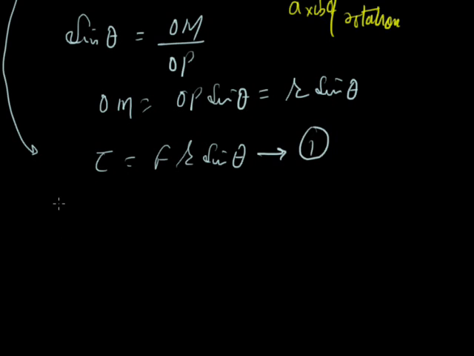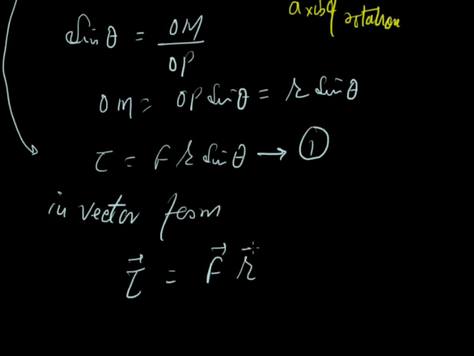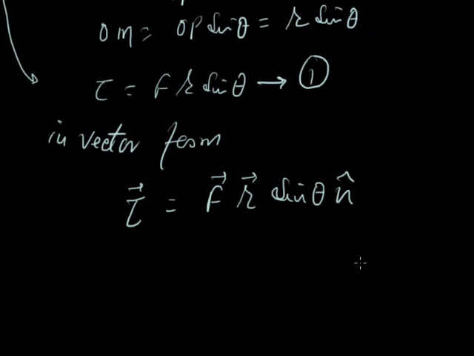You can also write it in vector form. Tau will be F R sine of theta n cap. Here n cap is the unit vector in the direction of torque.